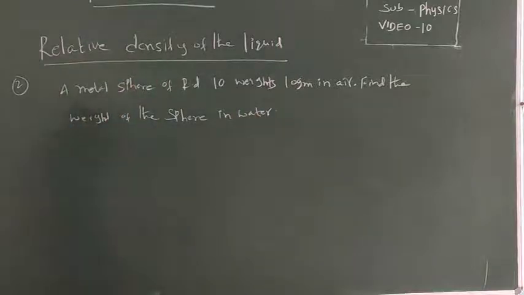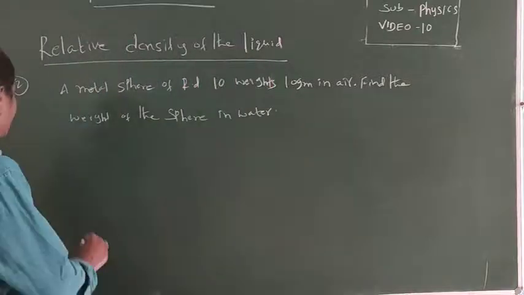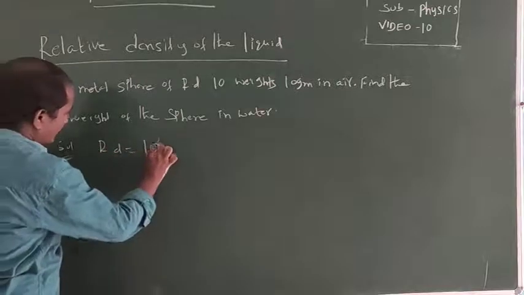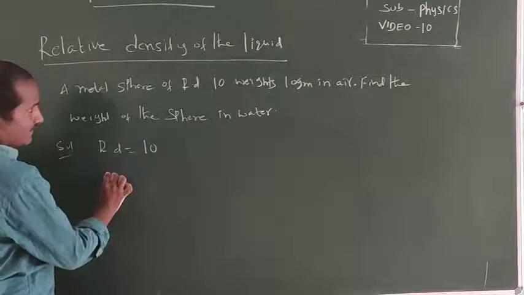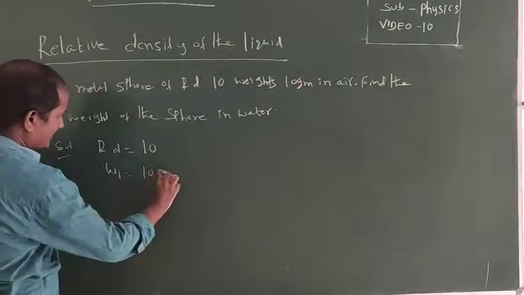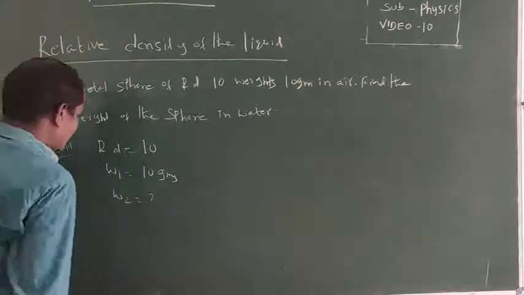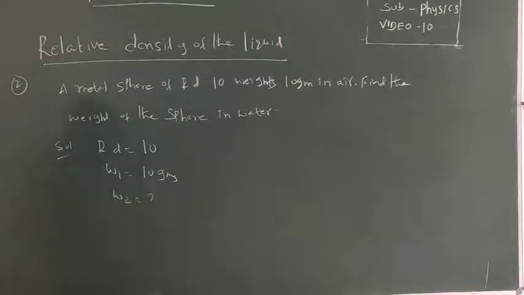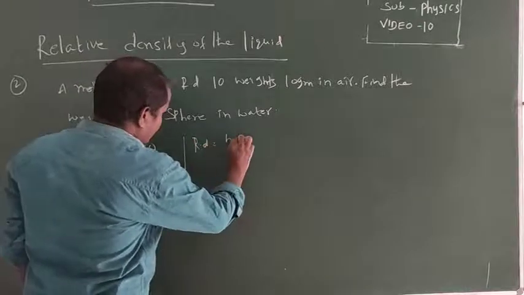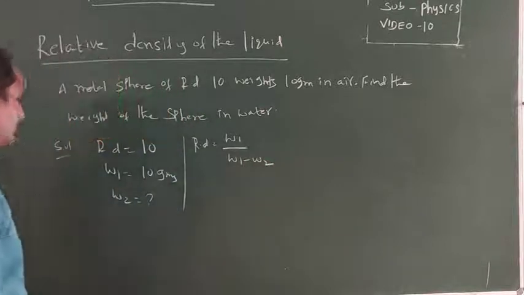So here RD is given. Next, weight of the body in air is given. RD equal to 10. Weight of the body in air means W1 equal to 10 grams. Then find the weight of the body in water, that is W2. So we know that RD equal to W1 by W1 minus W2.